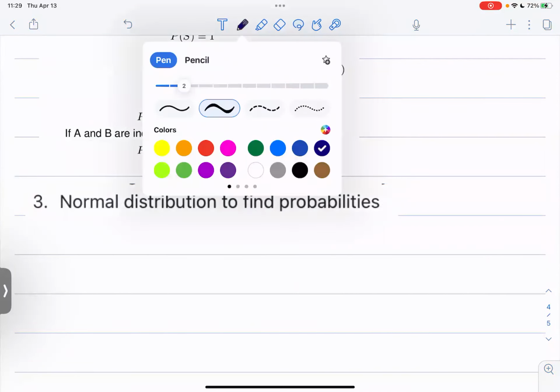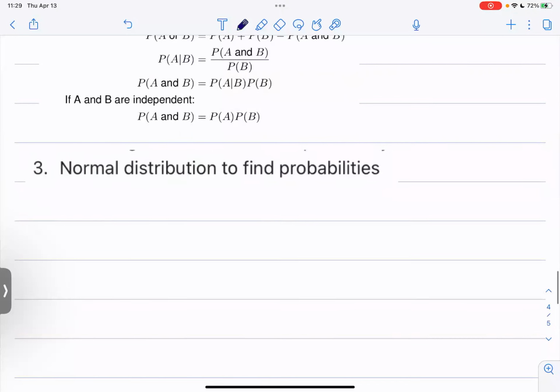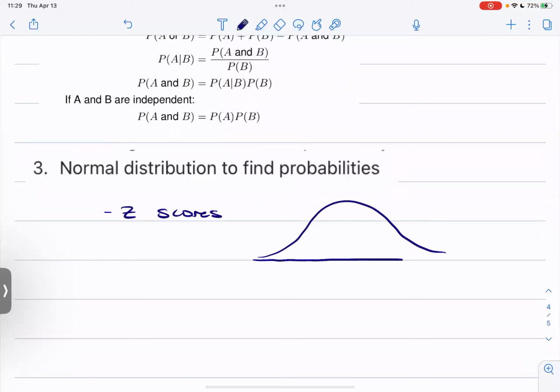Normal distribution to find probabilities. That's when you had your z-scores, right? And you're using the area under the curve, right? Centered on the mean.